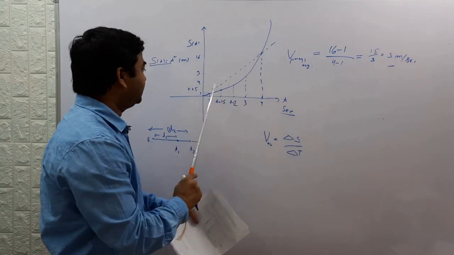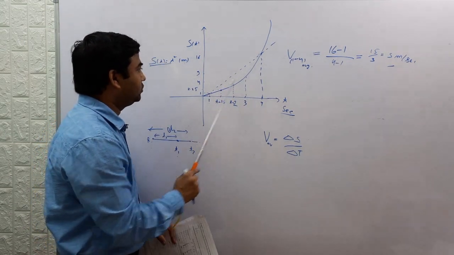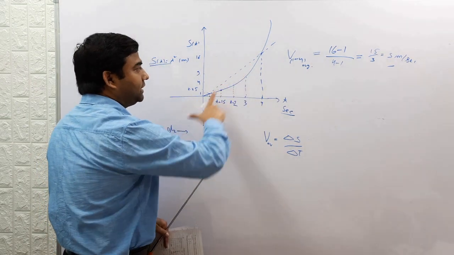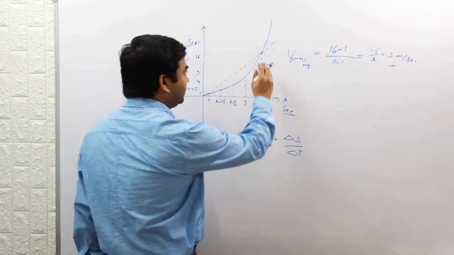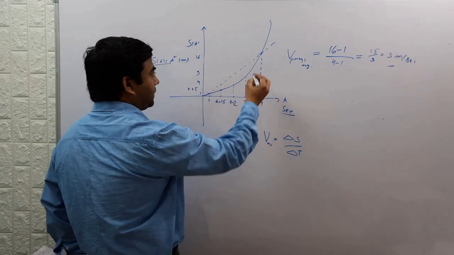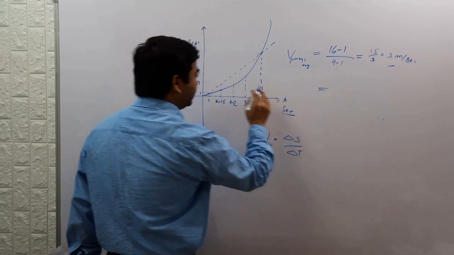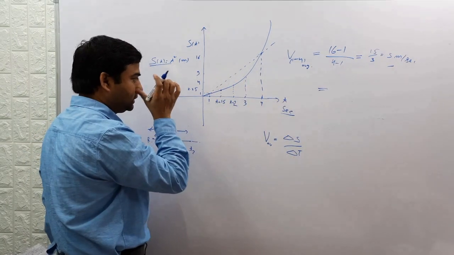So this is a secant joining point t equal to 1 to t equal to 4 of this graph. If you find the gradient of this line, it is also vertical distance divided by horizontal distance.